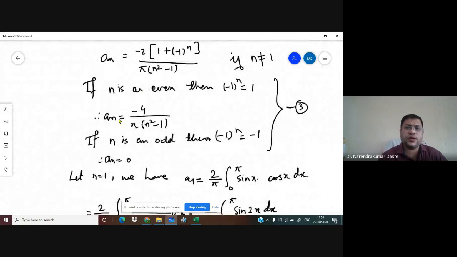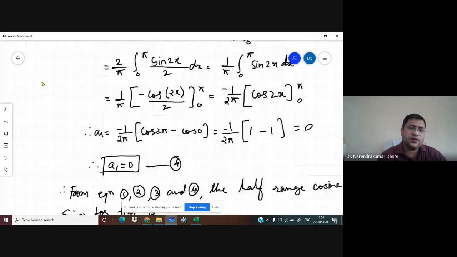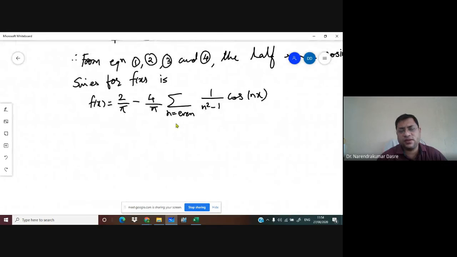Okay, so that's why we have to be careful. This exists only if n is even, and hence we have to mention that it exists only if n is even. So n is even, running from 2 to infinity.